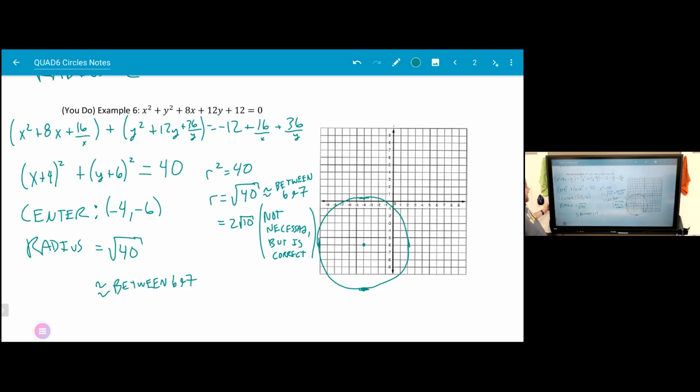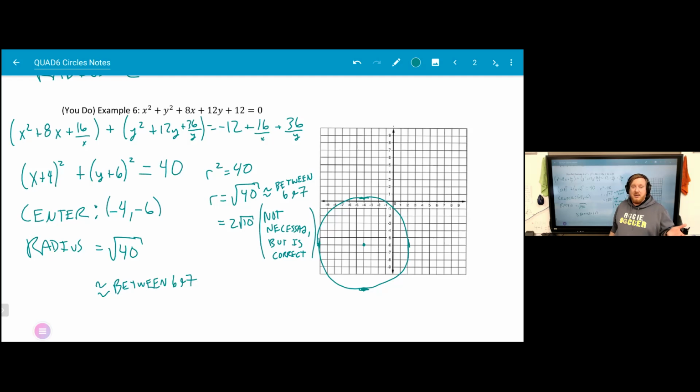My center, again, the opposite is the h, the opposite is the k. So plus 4 makes my center negative 4 for the h. Y plus 6 ends up being negative 6 for the k. My center is at negative 4, negative 6. My radius is the square root of 40 because r squared is 40. Now that happens to be somewhere between 6 and 7, and I'm not super worried about it.